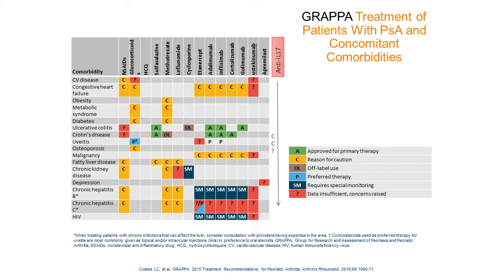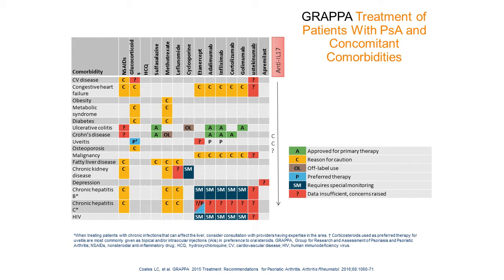I decided to hone in on a graph that's specifically for comorbidities in the GRAPPA treatment domain guidelines. So here what you see is a list of many different DMARDs that were commonly used across the top, and then the number of comorbidities on your left-hand side. What these colored boxes are telling us is that, A, there seem to be a lot of missing boxes, so obviously not every comorbidity is being examined with every DMARD.